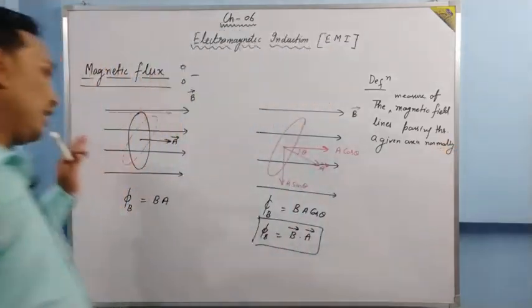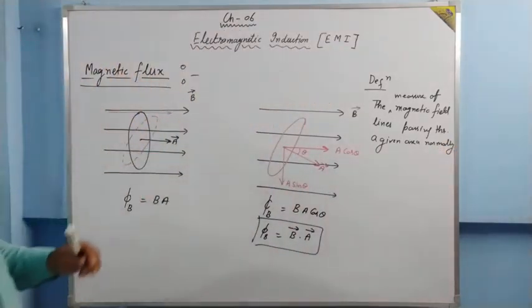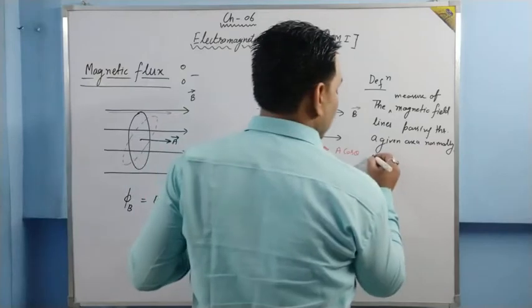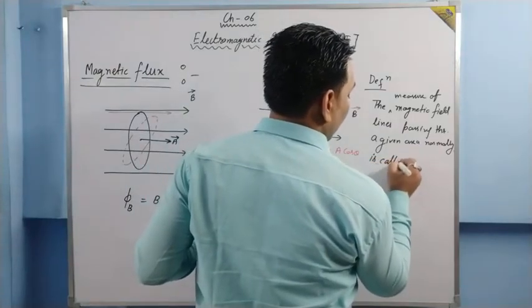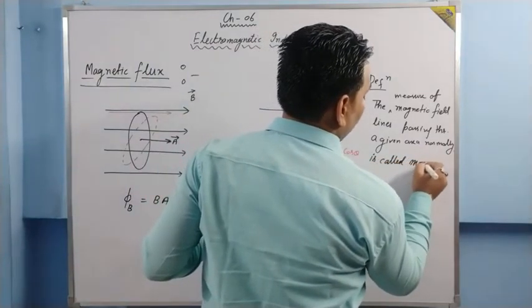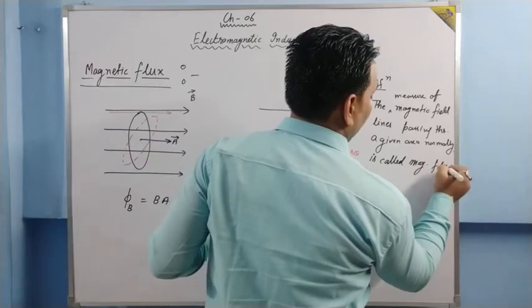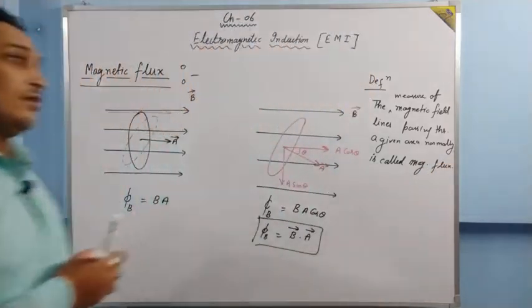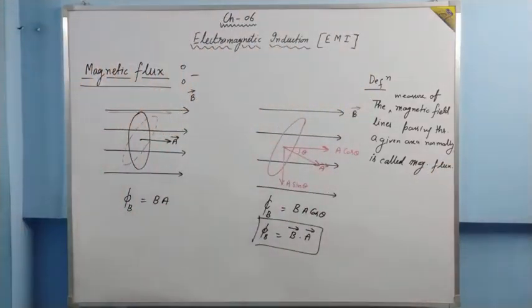Just see here, the magnetic field lines are passing perpendicularly. The measure of magnetic field lines passing through a given area normally is called magnetic flux. This will be the definition.